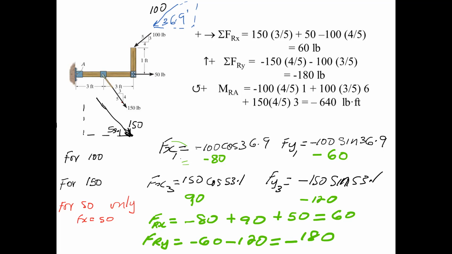And I do the same thing down here. I find the angle subtending right here, right? And the angle subtending down here is 53.1, right? Everybody agree that the angle subtending down here is 53.1? And you can check it, because this is 3, this is 4, and this is 5.